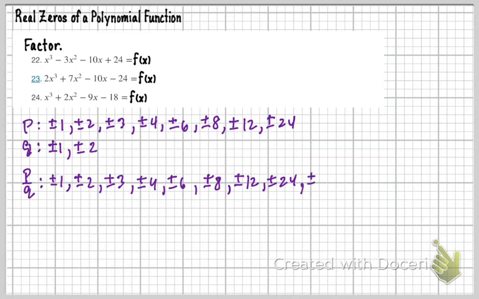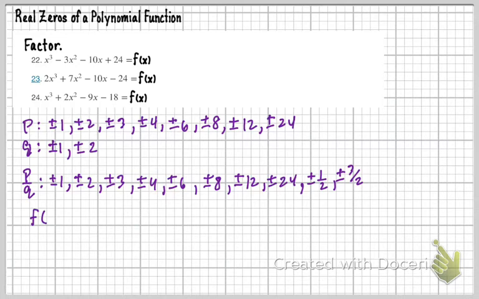So plus or minus 1/2, plus or minus 3/2. Oops, let me fix that 3. Terrible looking 3. That's a little better. 4, 6, and 8 divided by 2 is going to give me stuff I already have. 12 divided by 2 is also going to, and so is 24. So that's it.